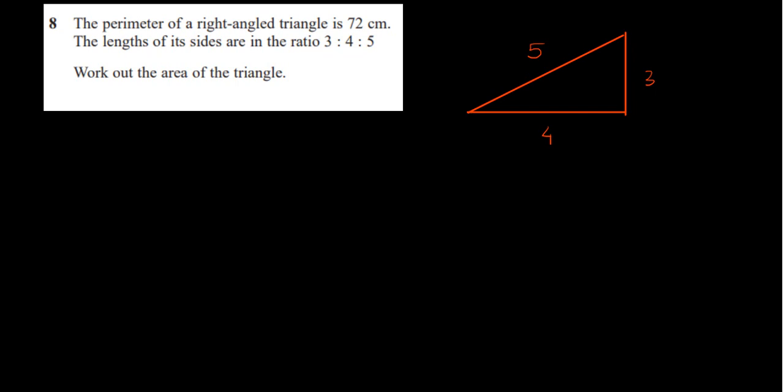Okay, so suppose I call it 3x, 4x, and 5x. So I can add all the parts. 3x plus 4x plus 5x, 3 plus 4 plus 5, that's 7, plus 5 is 12x. So that would be the distance around the triangle, which is its perimeter, and that is 72.